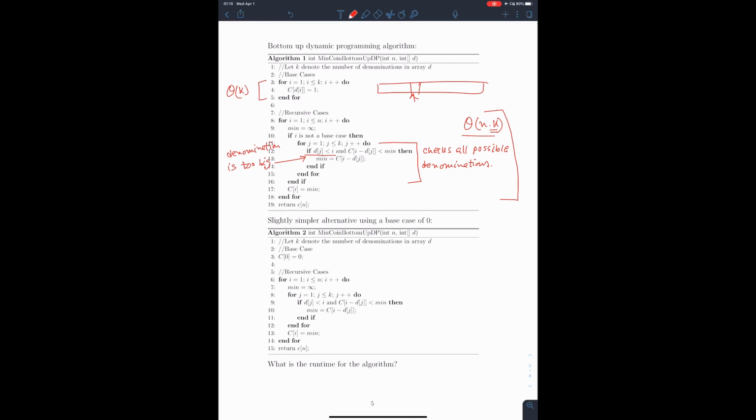That means if we think about the whole algorithm, the runtime should be theta of k plus nk. But most of the time, we will have n which is far greater than k, which means our algorithm's runtime will be theta of nk.